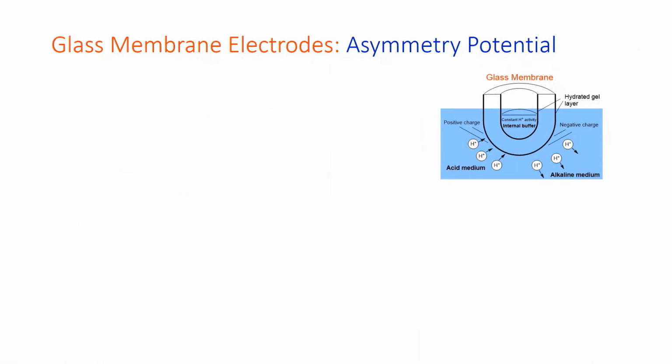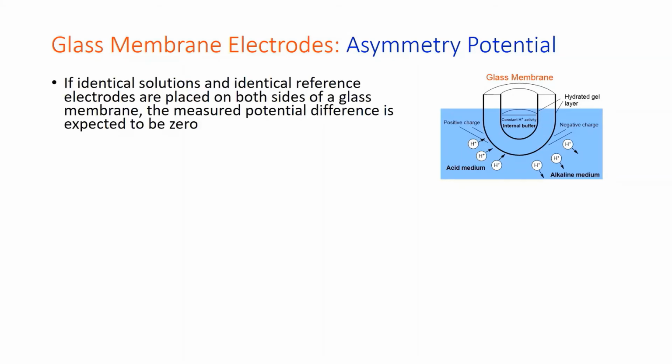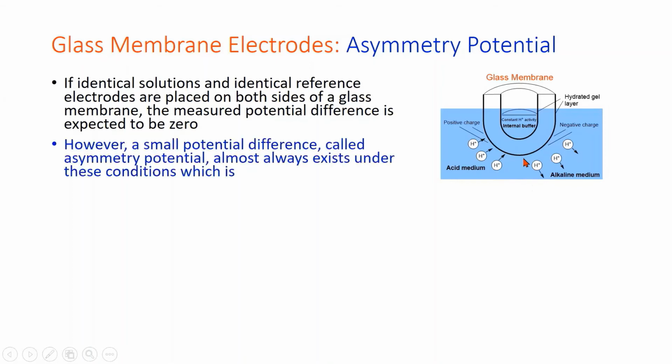There is another term called asymmetry potential in the case of glass membrane electrode. If identical solutions and identical reference electrodes are placed on both sides of the glass membrane, the measured potential difference is expected to be zero.